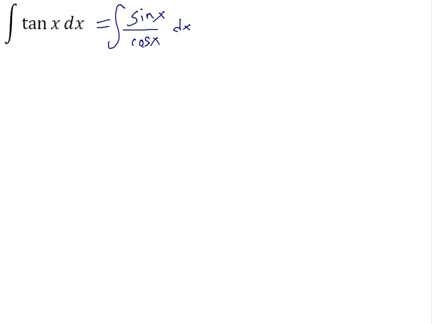We have cosine as our inner function being raised to the negative first power, or we have 1 over cosine. So cosine is actually our inner function here, so we're going to say u is equal to cosine of x. So once again, du is going to be a negative sine x dx. So the same exact substitution that we had in the last problem.